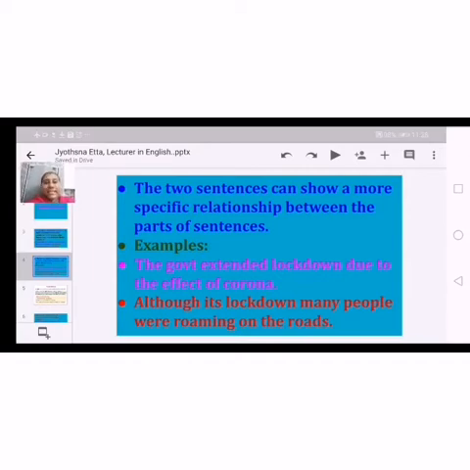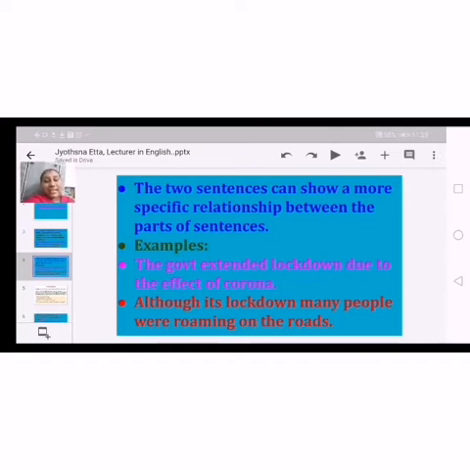And next example. Although it's lockdown, many people were roaming on the roads. Of course, many people were roaming on the roads is an independent statement, it's a main clause. And "even though" or "although it is lockdown" is the subordinate clause. And we are using "although", a connector, before the dependent sentence.